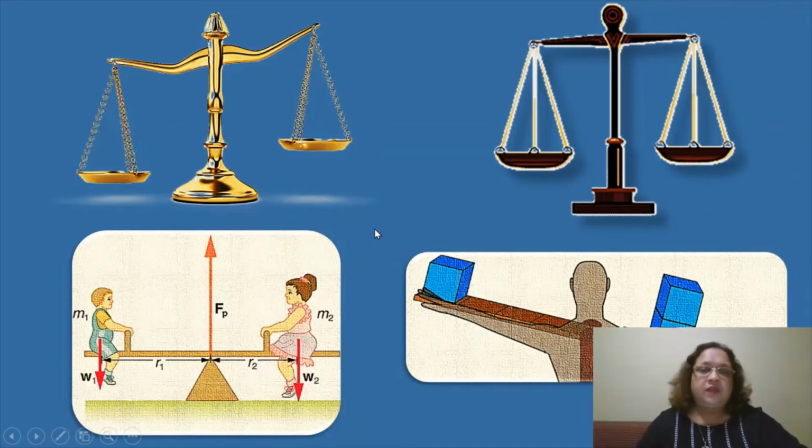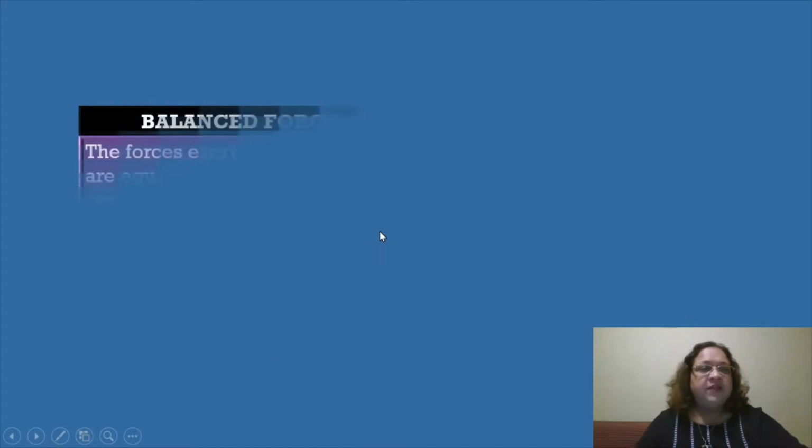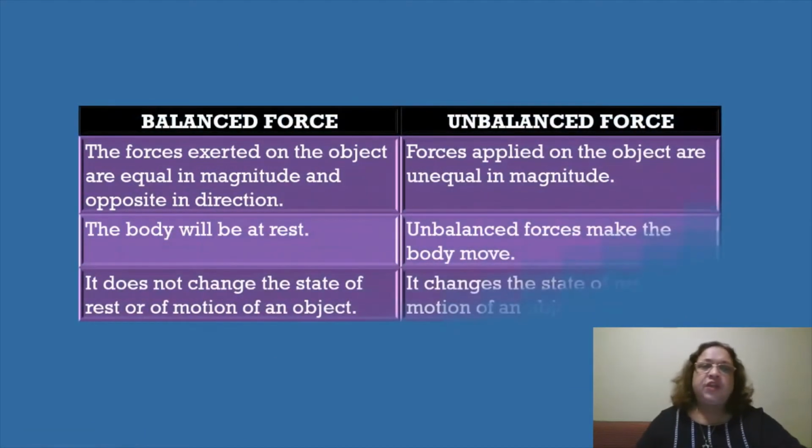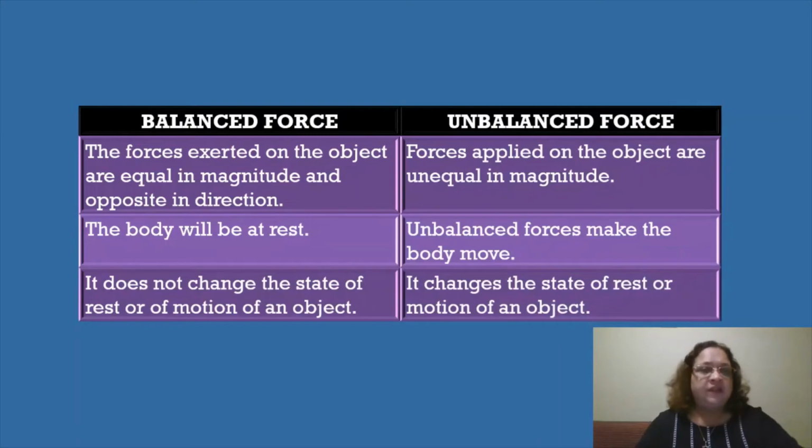Okay. So this brings us to two types of forces called balanced and unbalanced force. So you've seen with the scales and the seesaw when they were balanced. They didn't go in any direction towards the left or towards the right. So balanced forces are forces exerted on the object which are equal in magnitude and opposite in direction. So we have a force on the object which is equal on both the sides and opposite in direction.